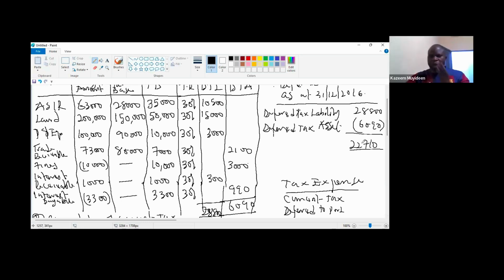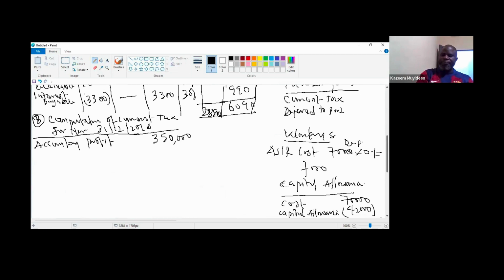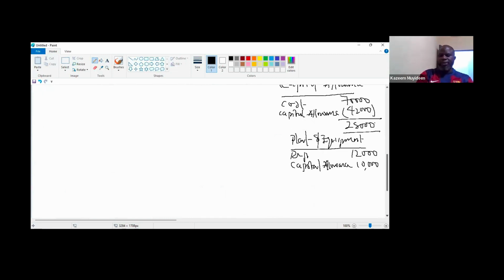22,710 is the closing balance. For the tax expense, the question must give me the opening balance, because the movement in the deferred tax goes to the tax expense together with the current tax. So I can calculate that. I've got 22,710, the closing balance.